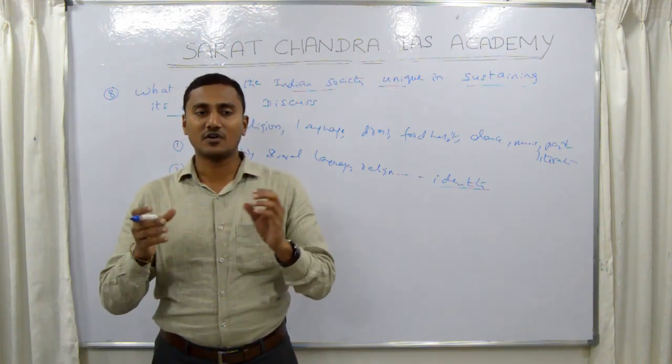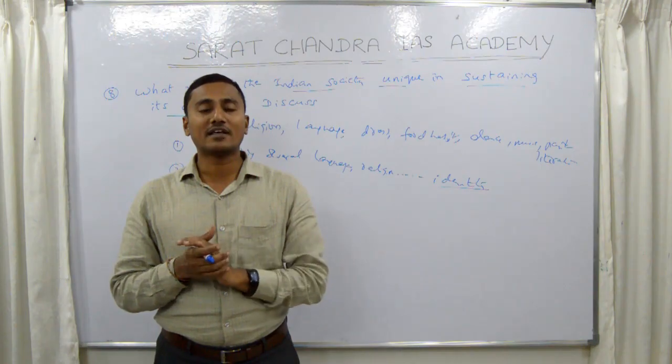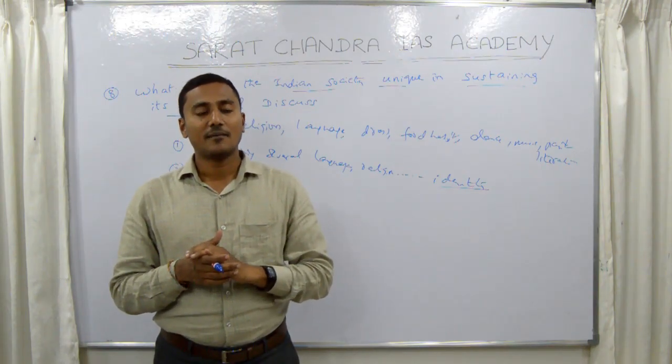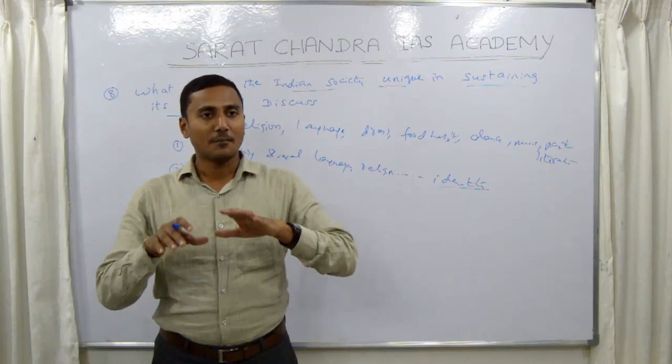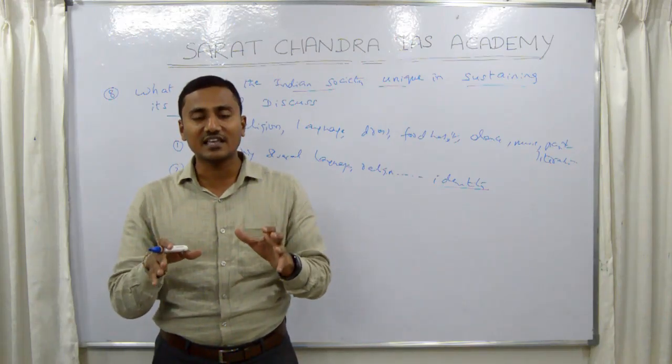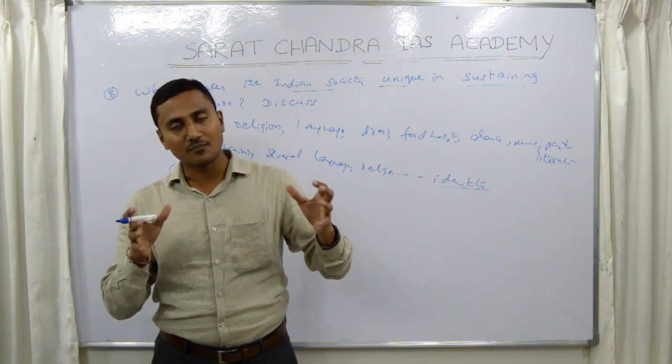Though we were ruled by different people, they could not essentially erase our culture. Most of their culture is assimilated in Indian culture, but still we are able to sustain our own culture for a very prolonged time.